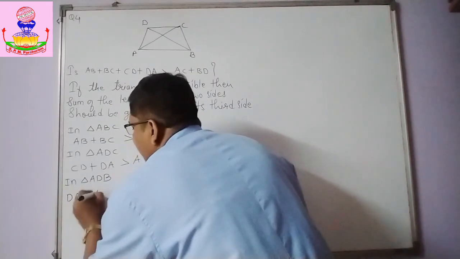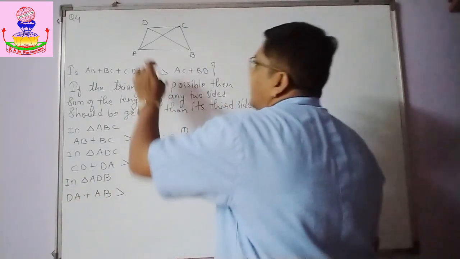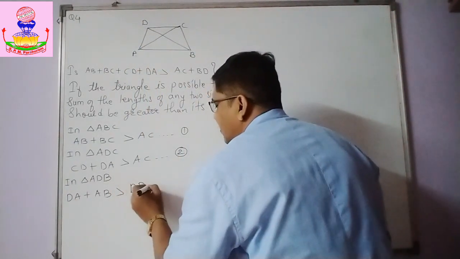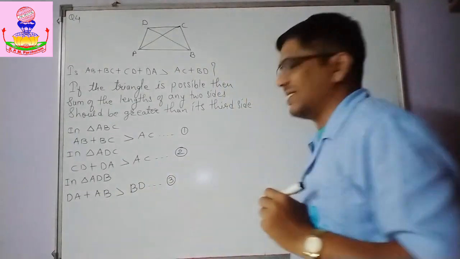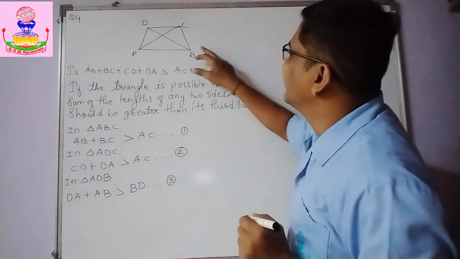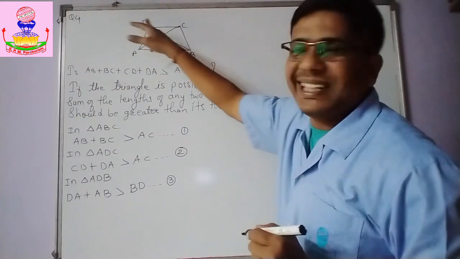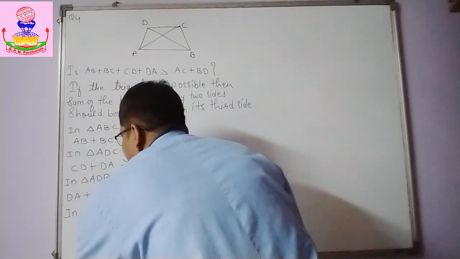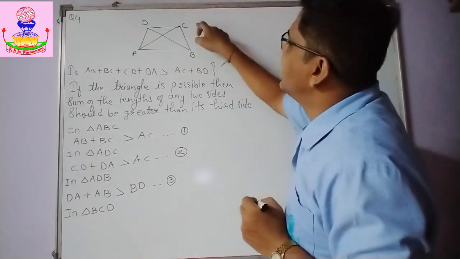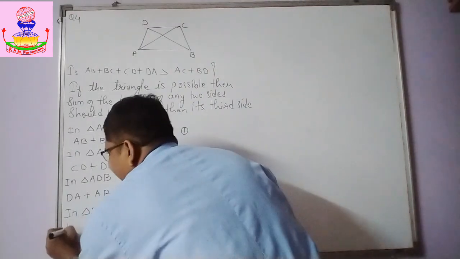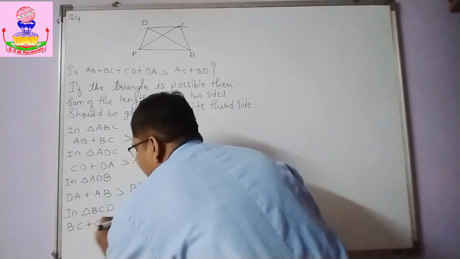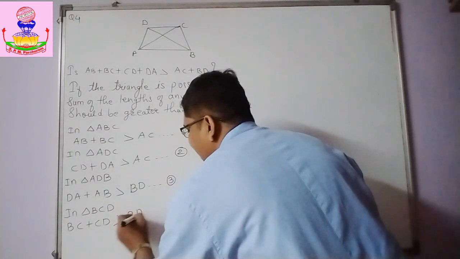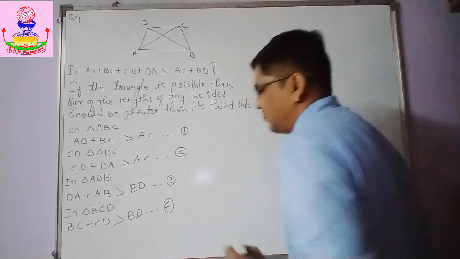DA plus AB is greater than, of course, length BD. Third step. And then I will consider triangle BCD. In triangle BCD, what I will have? BC plus CD is greater than BD. Okay, this is the fourth step.